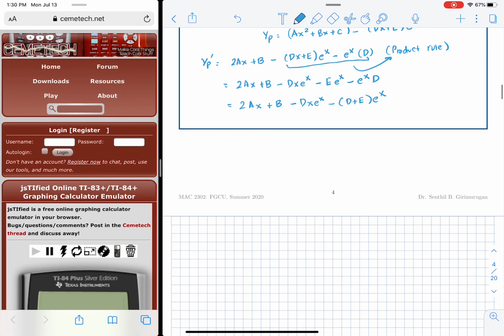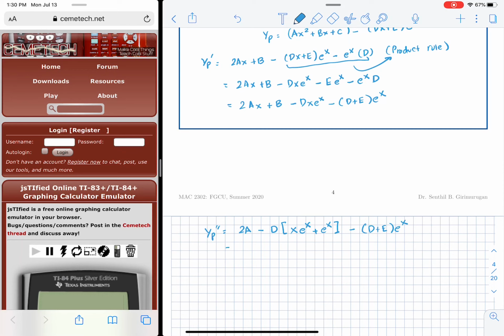That is the first derivative. The second derivative is 2a, derivative of b is 0, minus d, product rule again, x e raised x plus e raised x times 1, minus d plus e raised x.